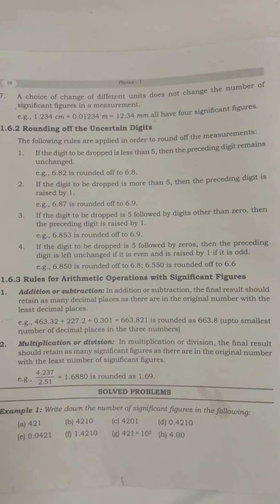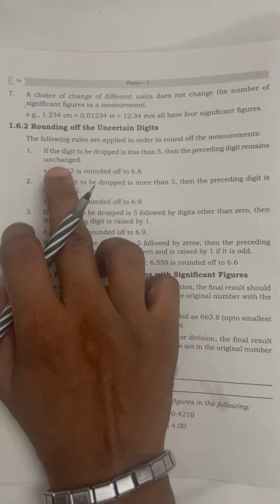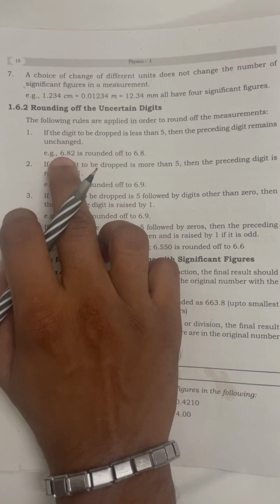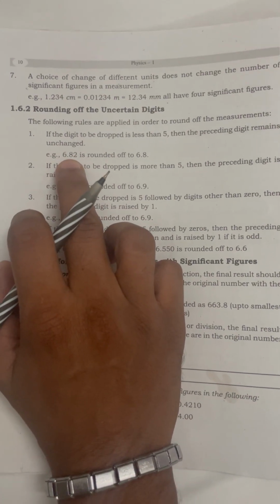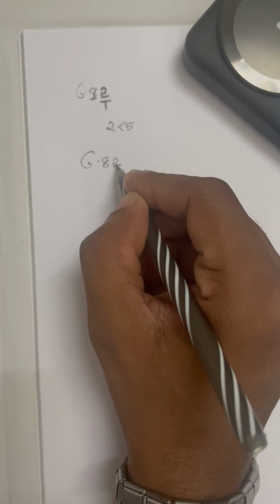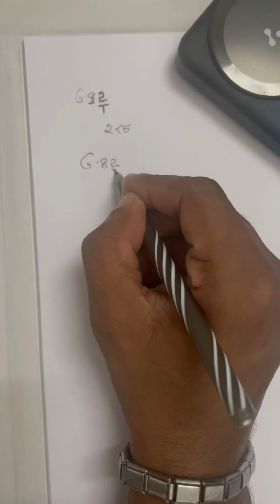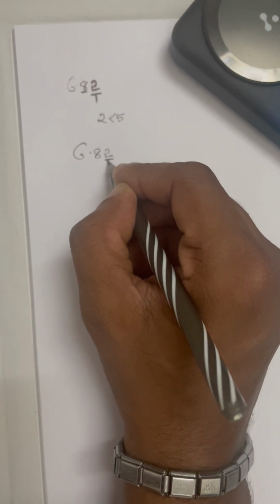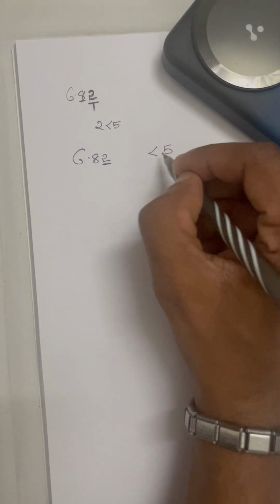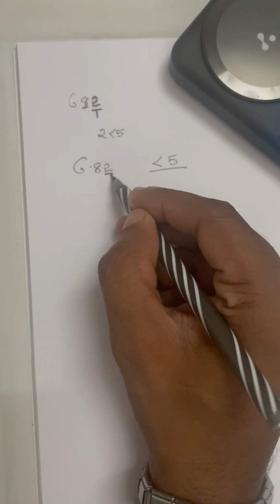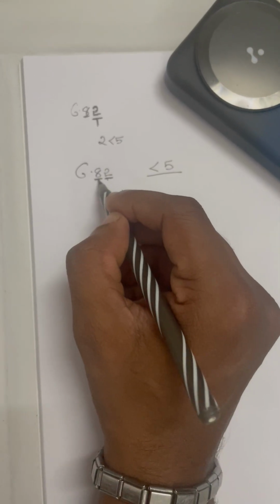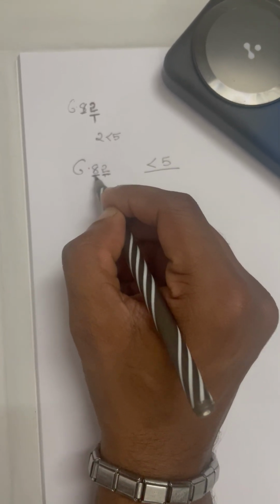Okay, so we can explain the first rule with an example. The number to be rounded is 6.82. As per the first rule, if the digit to be dropped is 2 or any number which is less than 5, then the number before that number remains unchanged.